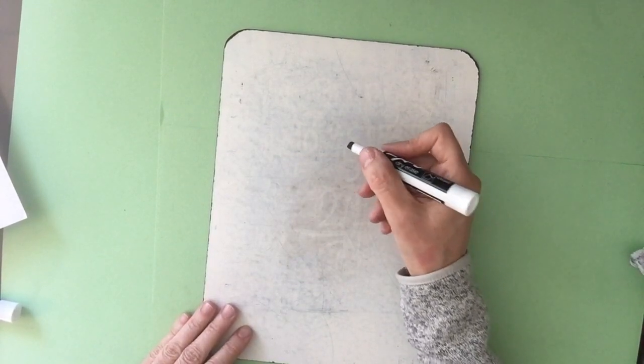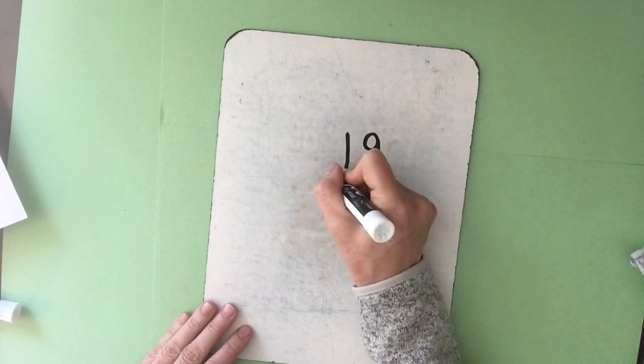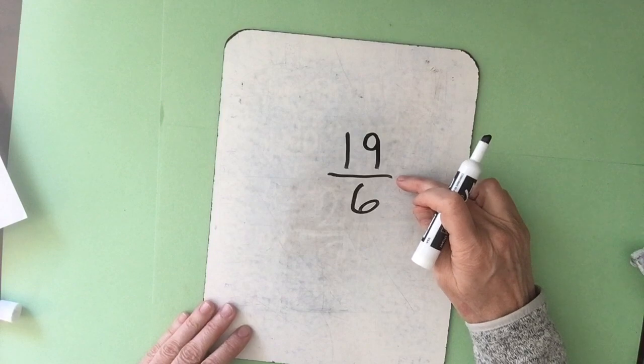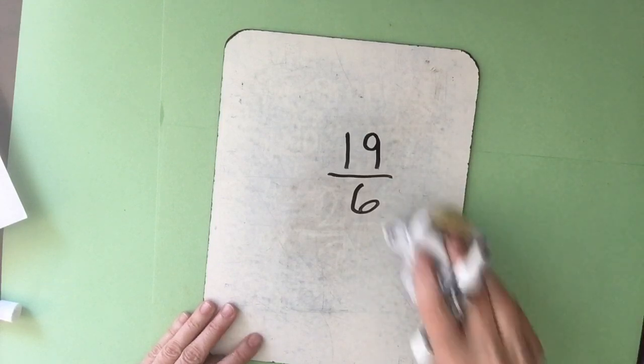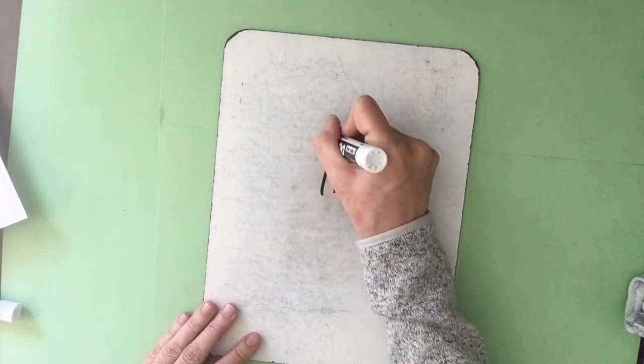Hopefully these are feeling pretty smooth for you. Let's do this one, 19/6. Okay? 19 divided by 6. That's our division problem. To make it into a mixed number, we're going to write it just like this.